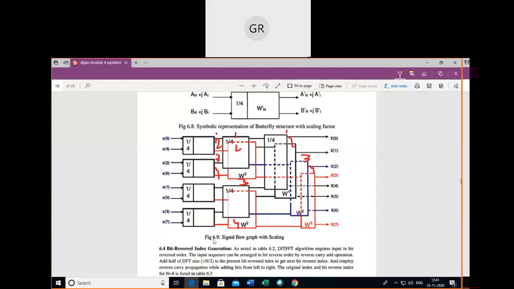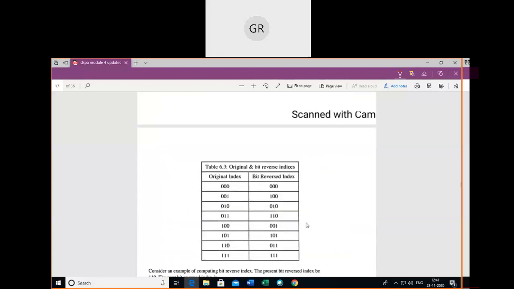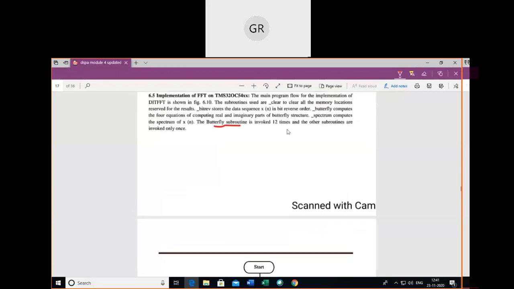That means 4 plus 4 plus 4, 4 into 3, 12 butterflies. That's why we can call the butterfly subroutine 12 times, and other subroutines are invoked only once.